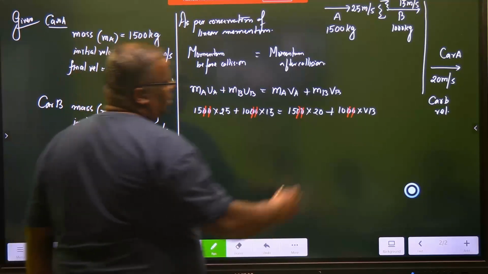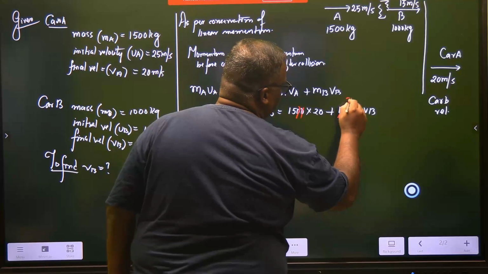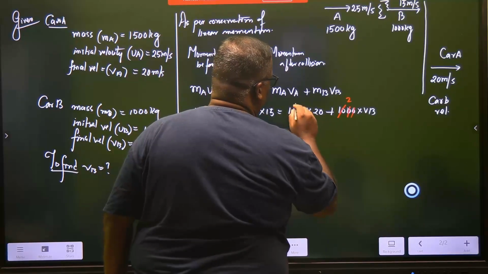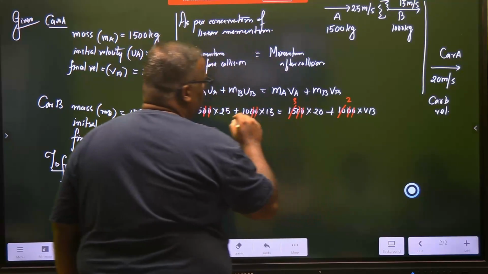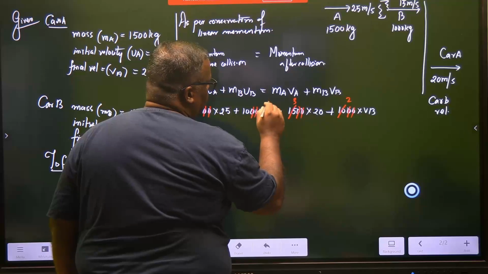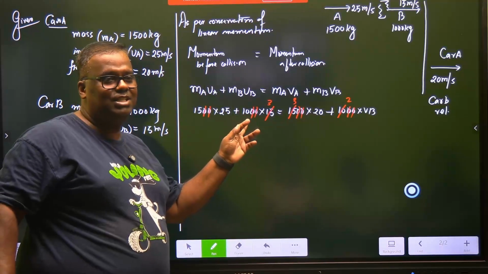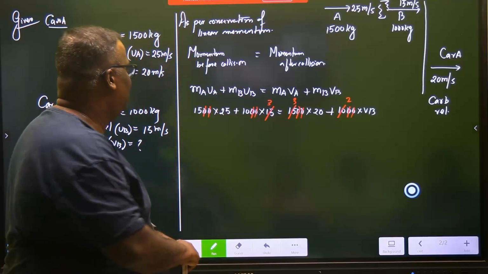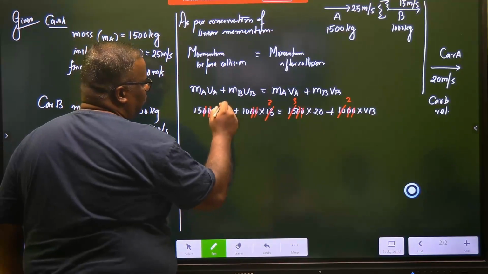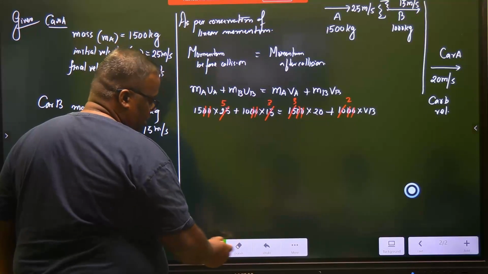If you take this 5, 2 makes it 10, 5, 3 makes it 15, 5, 3 makes it 15. Why did I not do this as 5 to 10? A 10 is easier to calculate. And a 5 makes it 25. Got it?